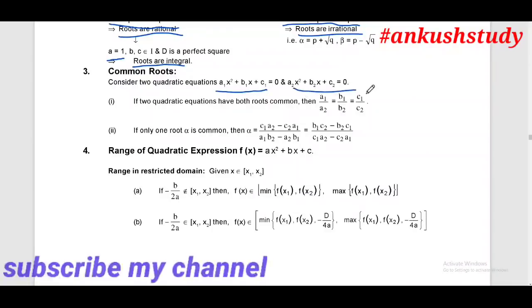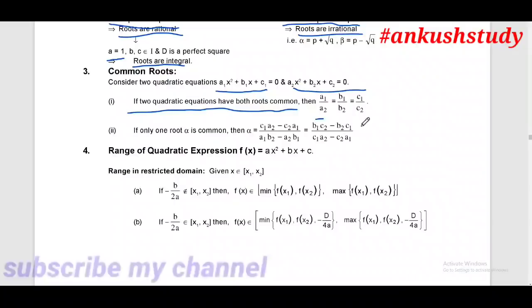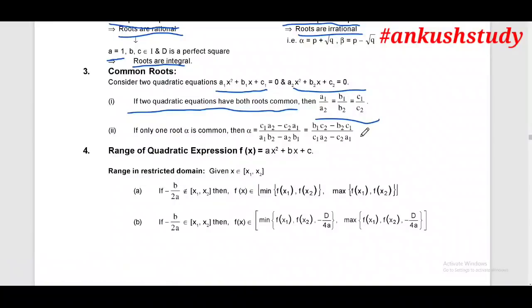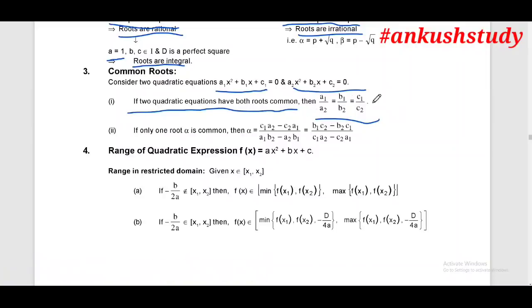Okay, this is the first one, second one, and if two quadratic equations have both roots common, then the formula becomes a1 upon a2 is equal to b1 upon b2 is equal to c1 upon c2. So if you have one value missing in both equations, you can find it out from this formula only.